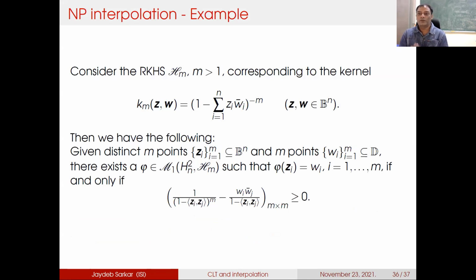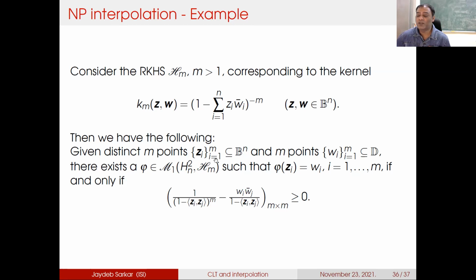And just for example, to understand this more for a concrete case, consider this H_m, where H_m is the regular reproducing kernel Hilbert space corresponding to K_m(z, omega), which is just this raised to the power minus m. If you are in this setting, then the previous interpolation result you can state in a slightly better way. So here you go.